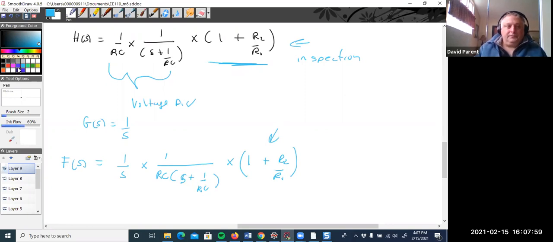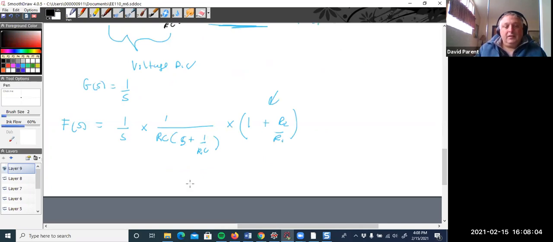Now, you can either look this up directly or use partial fraction expansion. But really, you can use the table. That's what I do. So this does exist in a table, but it'll look like this.